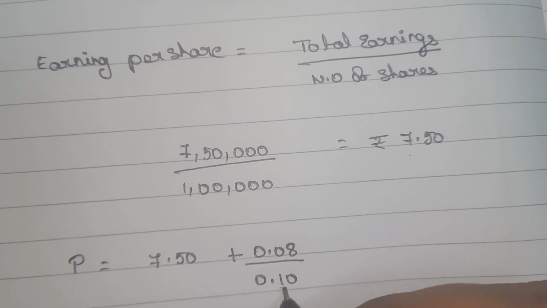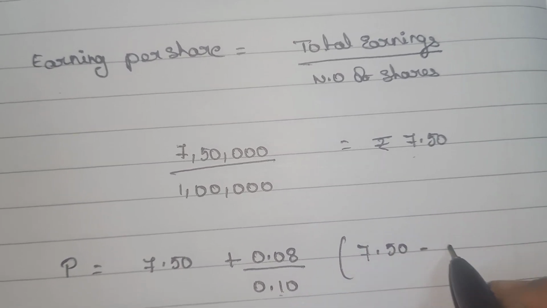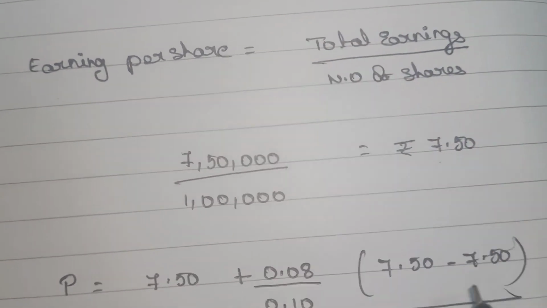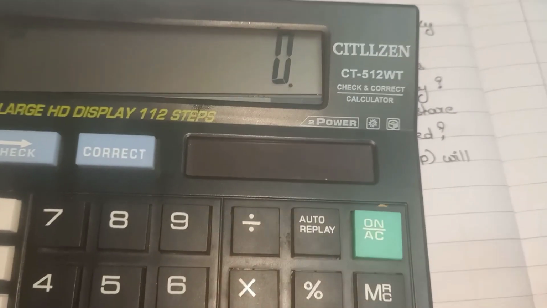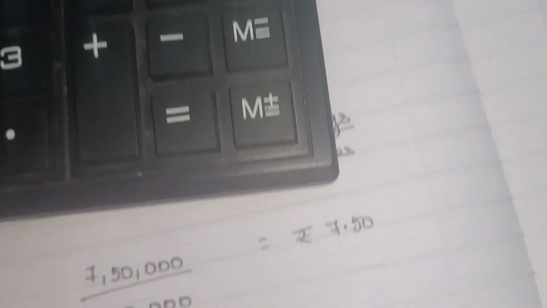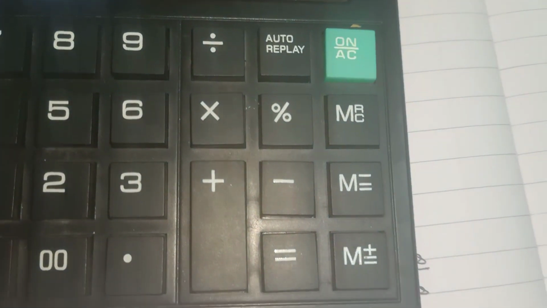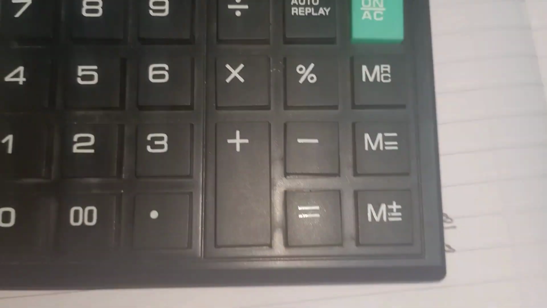Now we subtract E minus D, then divide by the cost of capital. While calculating this, we will get the value. 7.50 minus 7.50 means 0. Then 0 into anything is 0, so 0 into any value will be 0.